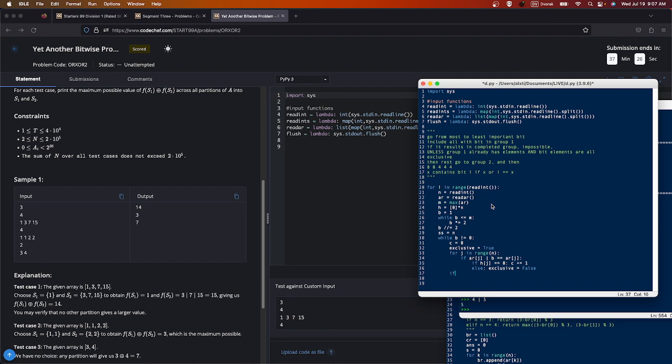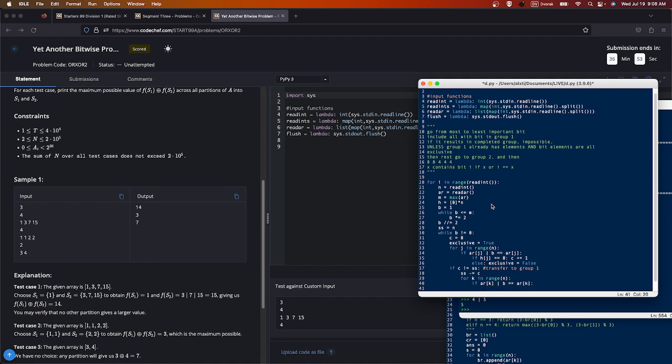So then from here, if C is not equal to SS, then flip that into group 1.